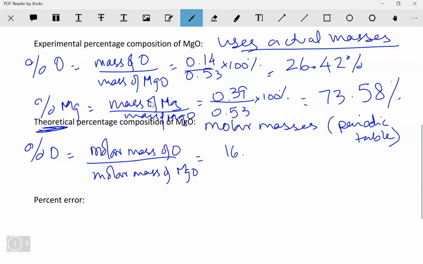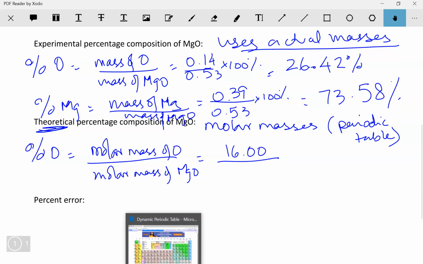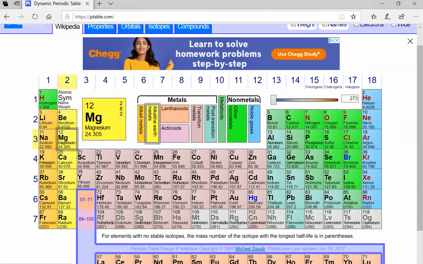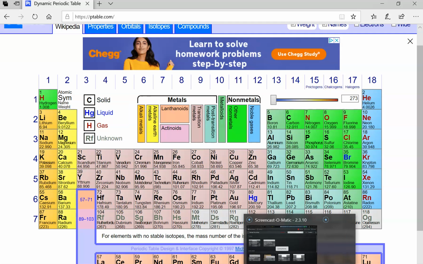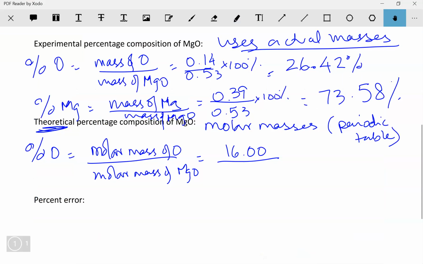Molar mass of oxygen we know is 16.00 divided by, let's find the molar mass of magnesium oxide, which is 24.3 plus, well, 16.0 on a less accurate periodic table. So 24.3 plus 16.0 is 40.3, so that's our total.